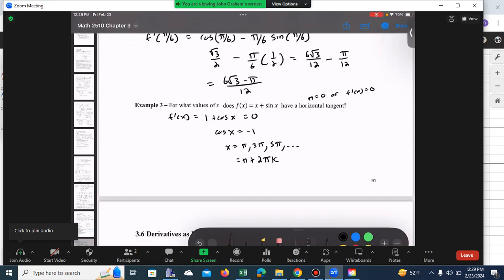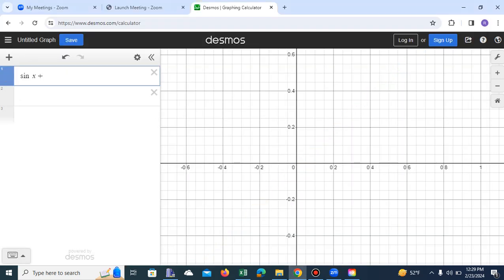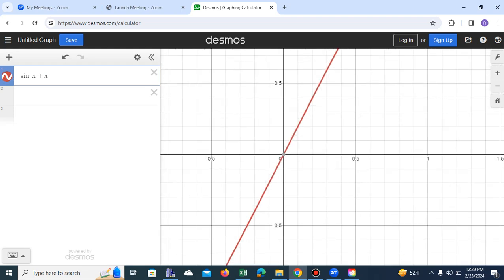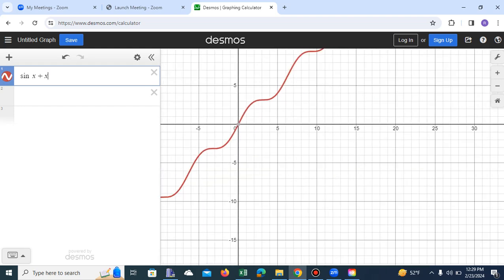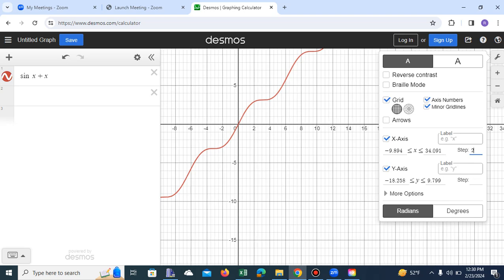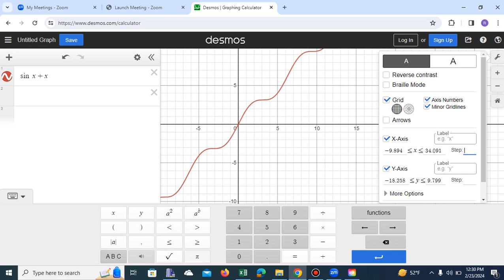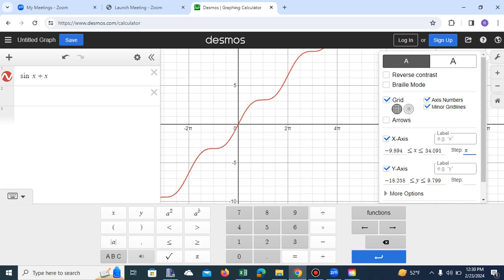So before I end this video, I do want to graph this, x plus sine x. And we're going to zoom out. And we can see, and let me test this actually, we can put in pi, and it will put the pi's on the screen.